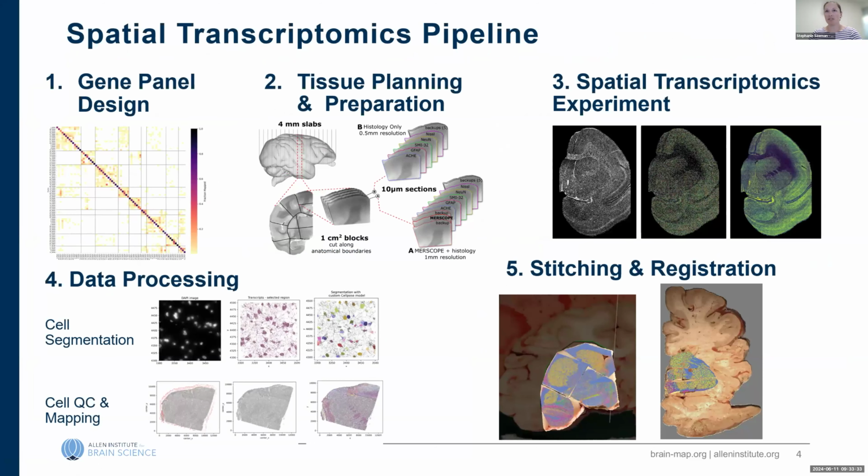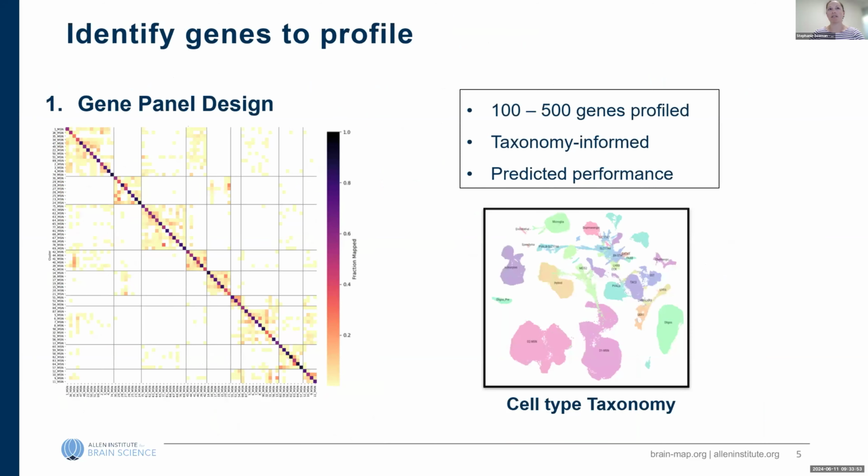Much of what we've been focused on in this initial phase of the BICAN and HMBA project is to build a robust pipeline that we can put all of these samples through to build these atlases. I'll tell you a bit about each of the stages of this pipeline and how we've been going about it. The first stage is to design a gene panel.